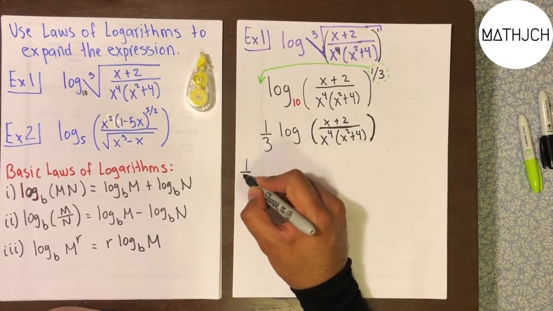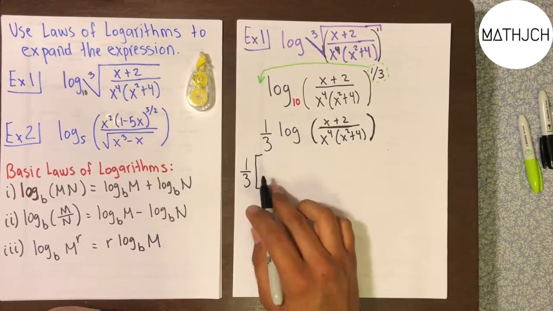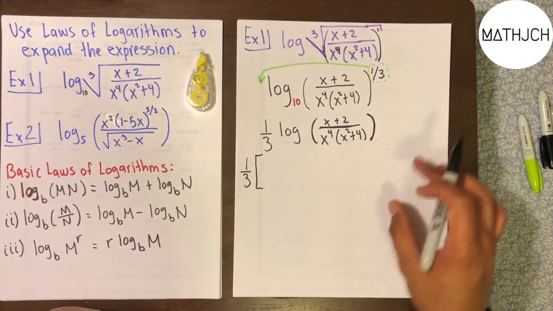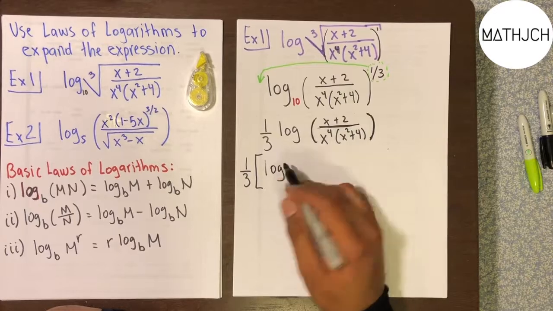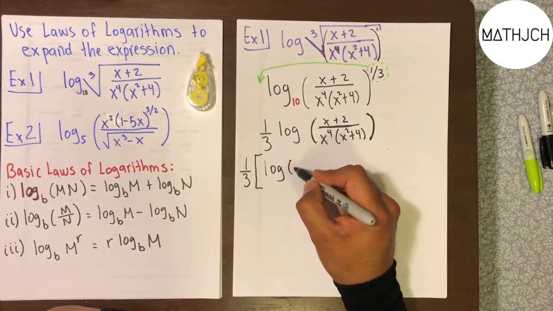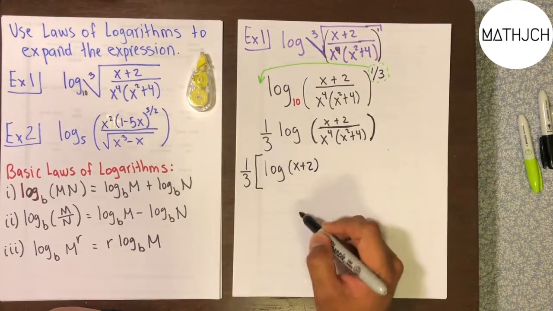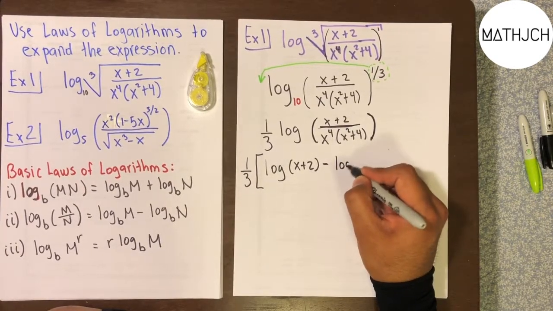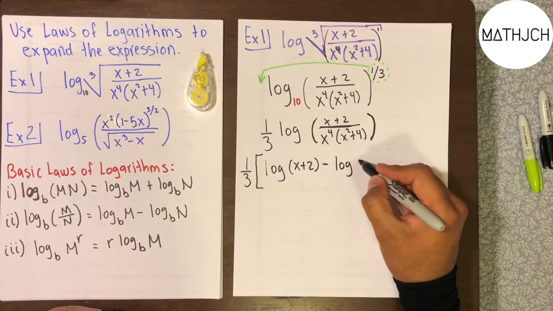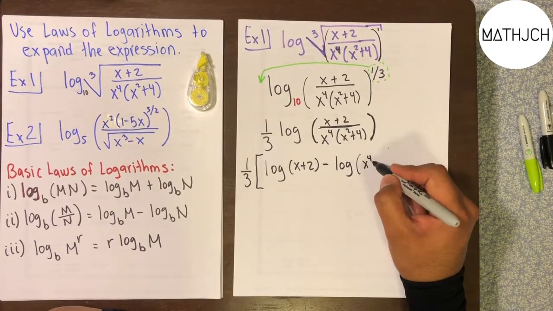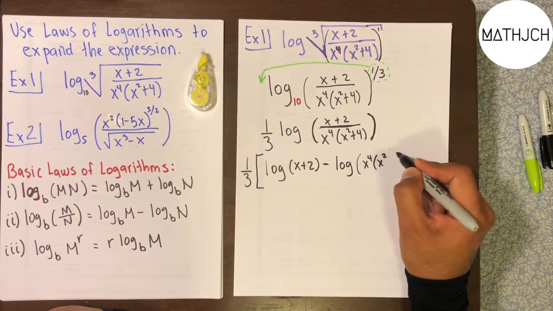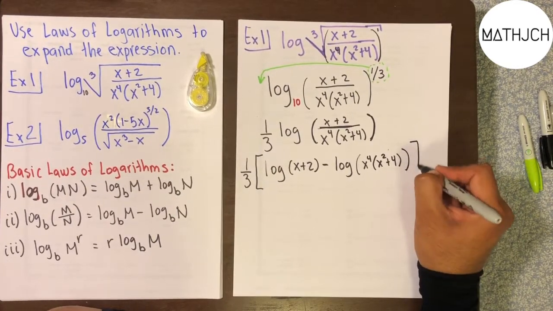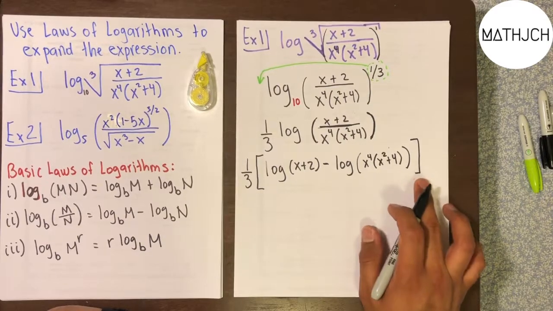Let's put the 1/3 outside. We're going to use a bracket, which means that the 1/3 will be outside of everything that we're going to do. We're going to start with log of the numerator, so that means x plus 2, minus the denominator, which is log of the whole denominator, which is x power 4 times x squared plus 4. And let's close everything with the bracket.